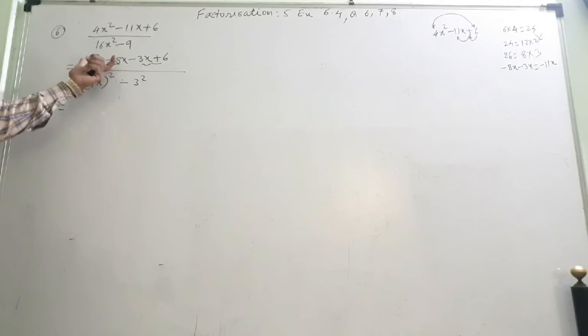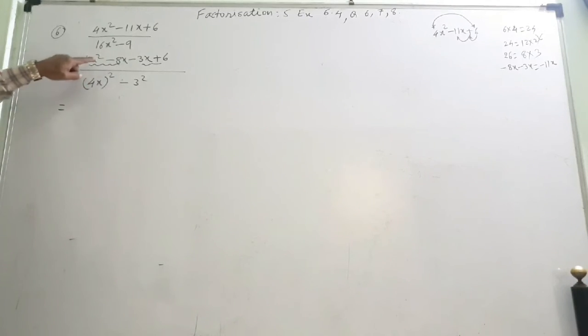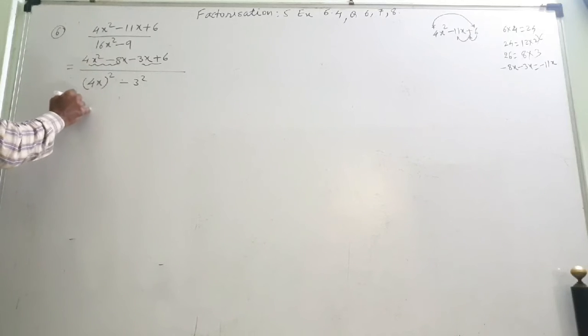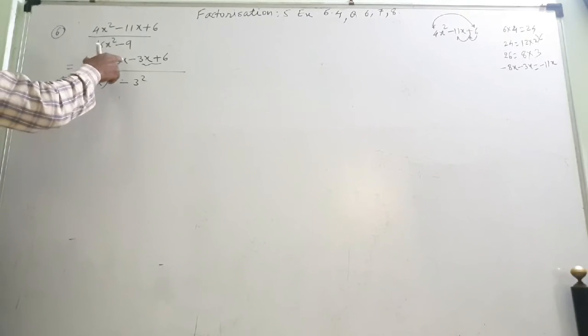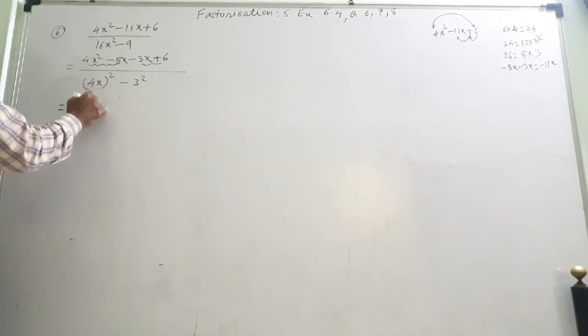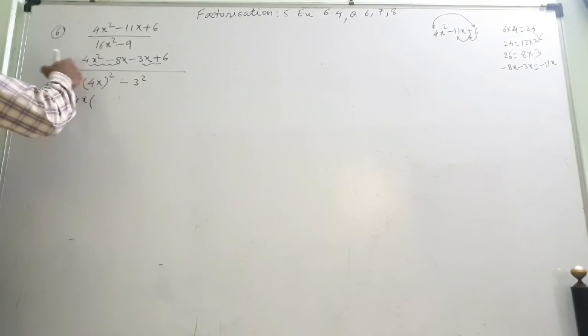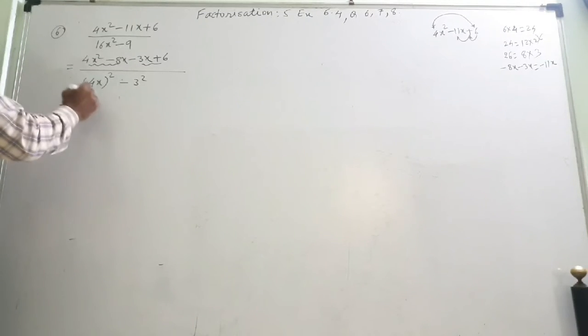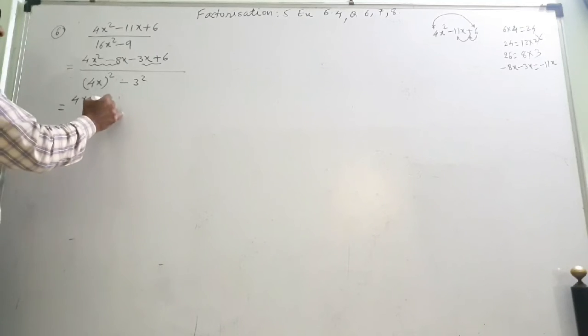Now this. What is common in this? First of all in the numbers, this is 4 and this is 4 into 2, 4 into 8. That means 4 is common. Another x here is also there, so x is common. So 4 is taken, x is taken, so x will remain. Minus.